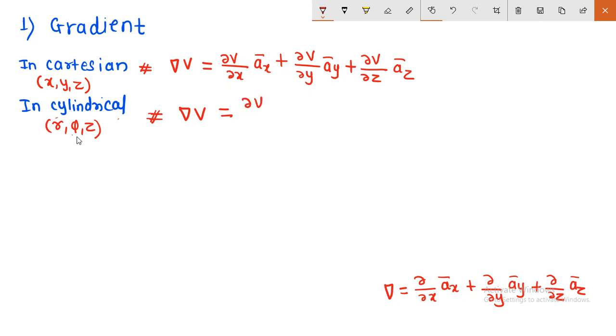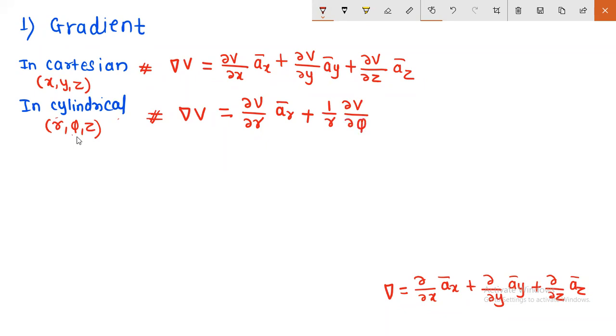So it is dabba V upon dabba R. Remember here, instead of x, y and z, we have to write R, phi and z coordinates. So dabba V upon dabba R into unit vector a bar R plus 1 upon R into dabba V upon dabba phi.